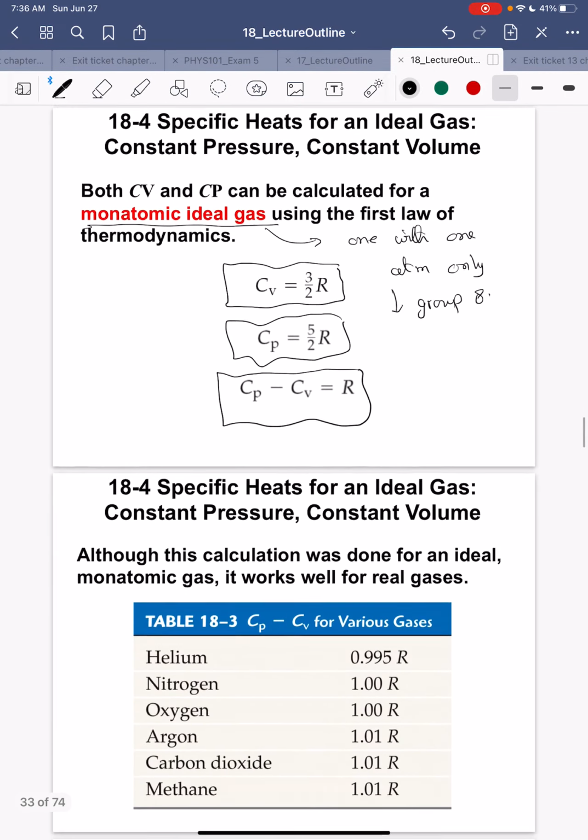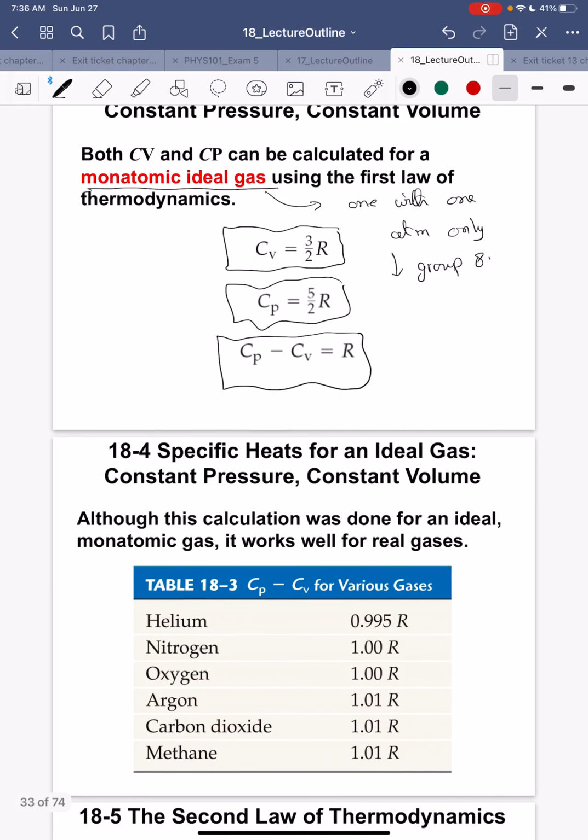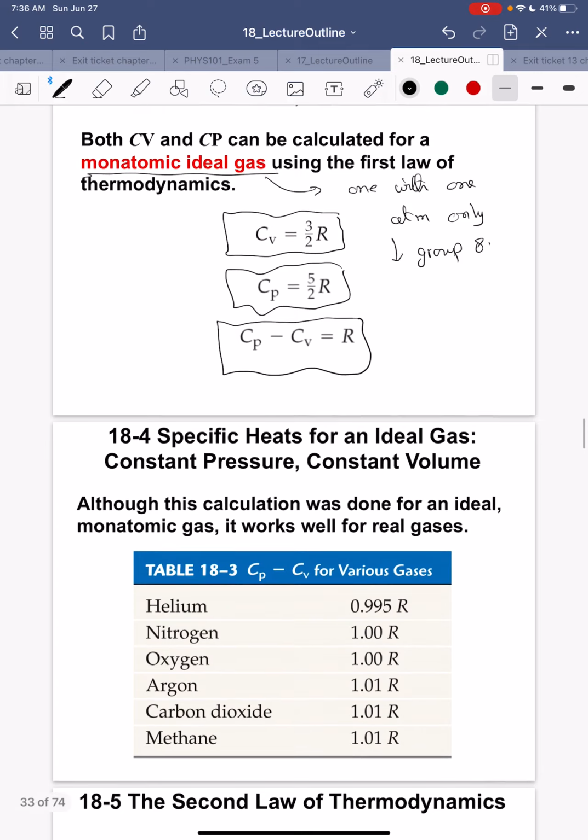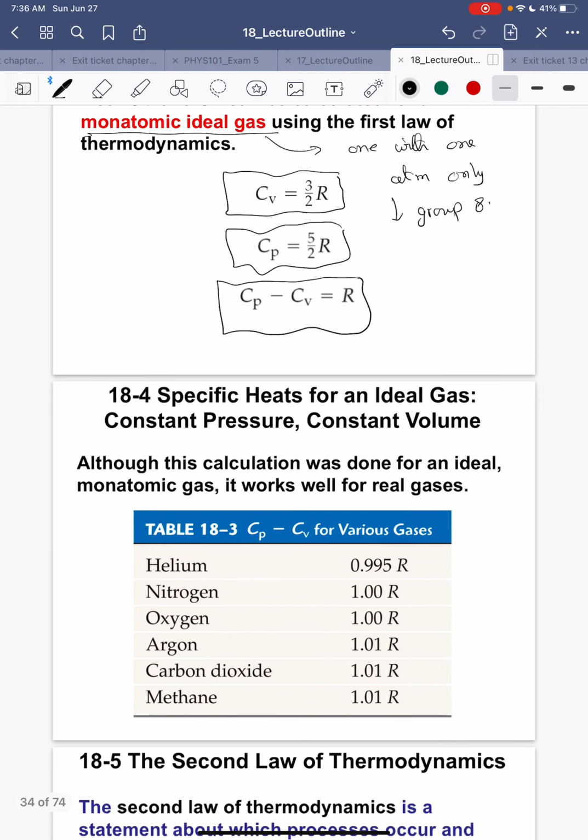Now, although this calculation was done for an ideal monoatomic gas, it works well for real gases at low pressures, when we have a very thin gas. For helium, the difference between CP and CV is 0.99 R. For nitrogen, it is 1 R. Ideally this difference should be R. For oxygen, it is 1.